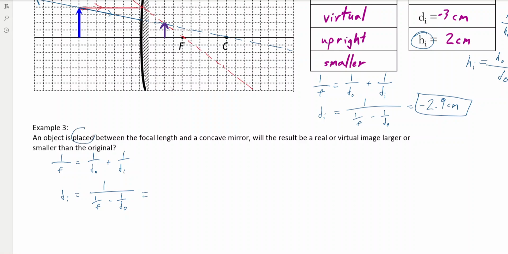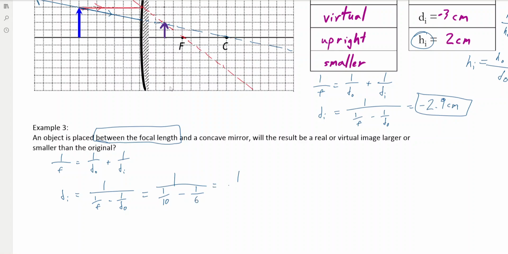We know that the object is placed between the focal length and the mirror. So basically the distance to the object is actually less than the focal length. So 1 over f, the focal length, I'm just going to make something up, but let's say 10 centimeters, minus the distance to the object, and again, I'm just making something up, but let's say 6 centimeters.